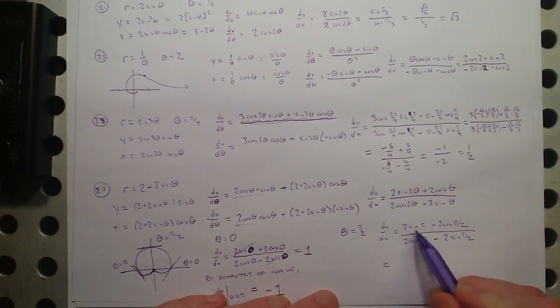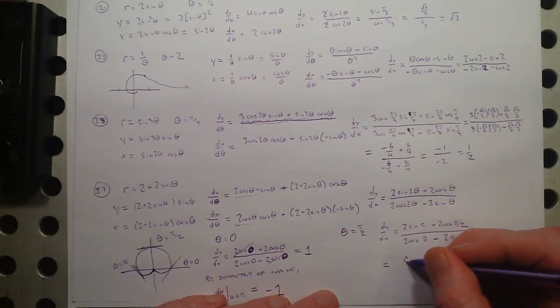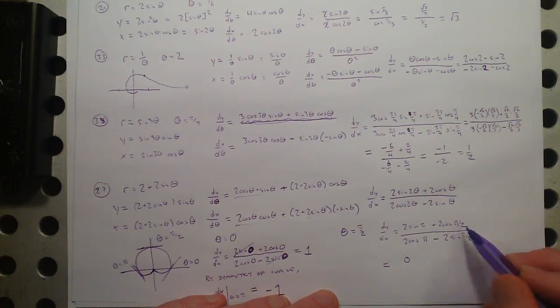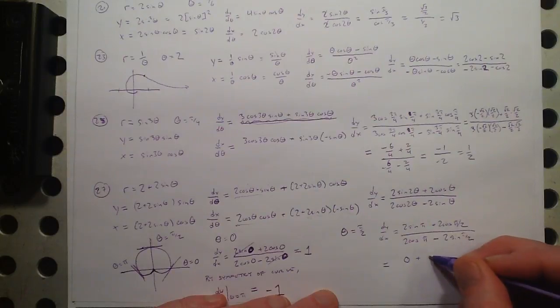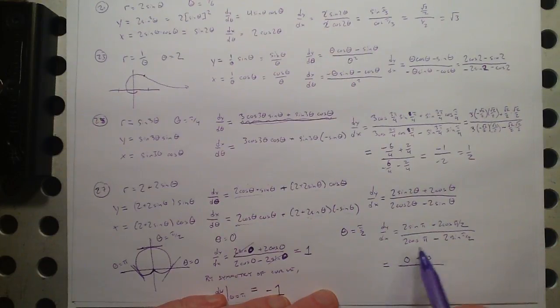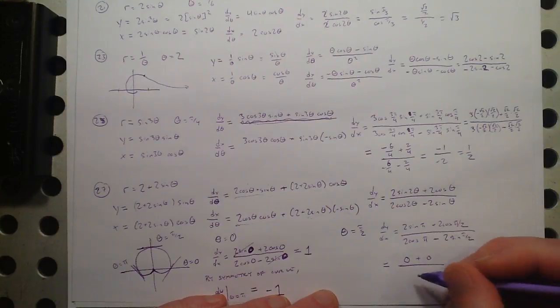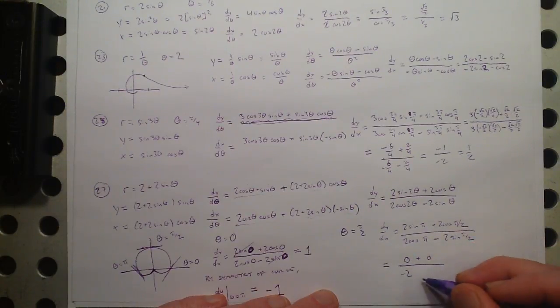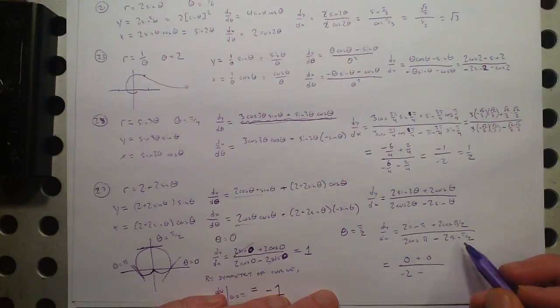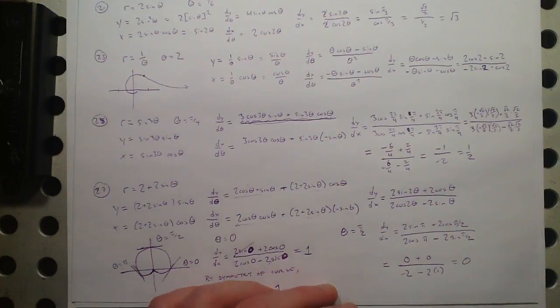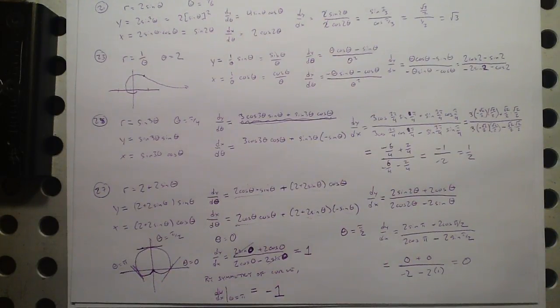The sine of pi is 0, and the cosine of pi over 2 is 0. Sure enough, just make sure that it's not 0 over 0. 2 cosine of pi is -2, so minus 2 minus 2 times the sine of pi over 2 is 1. So that's 0, just like it looks. Yep, so we're all good there.